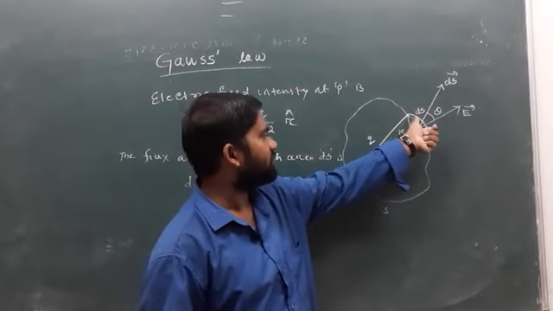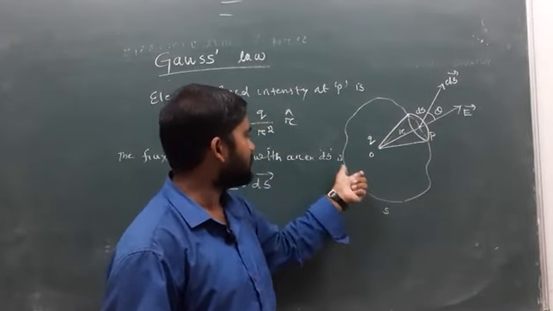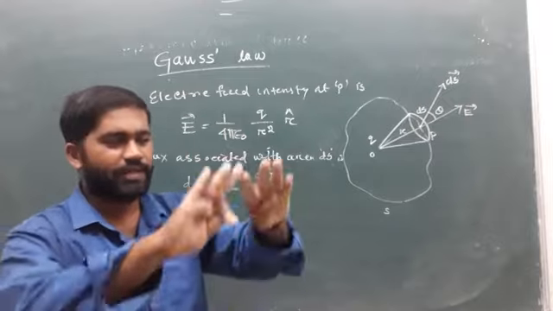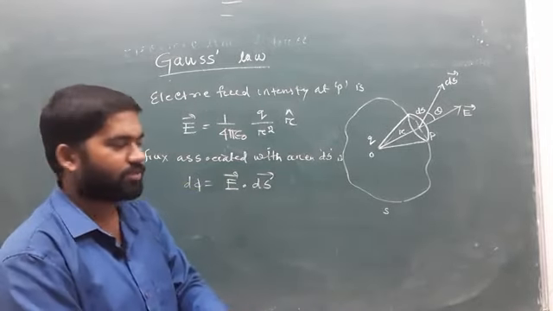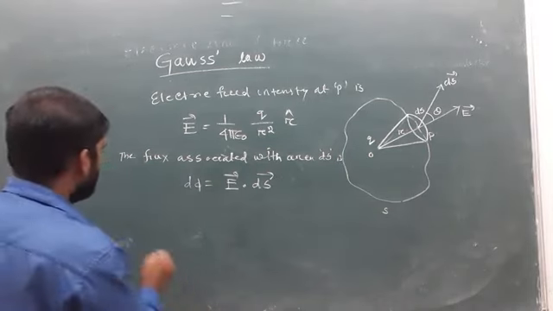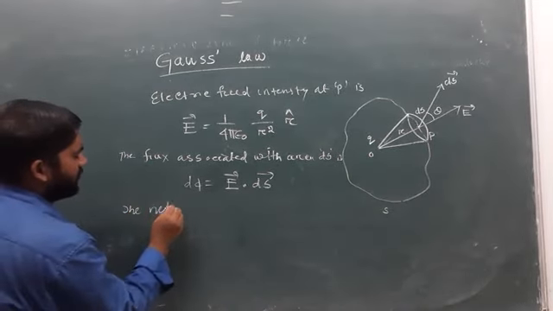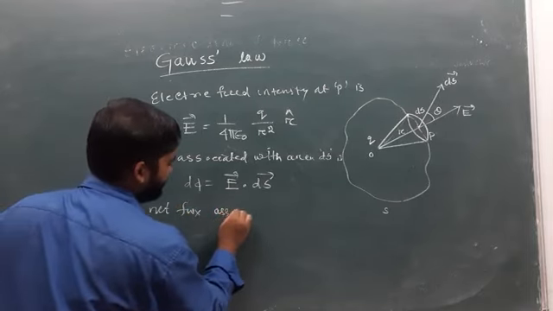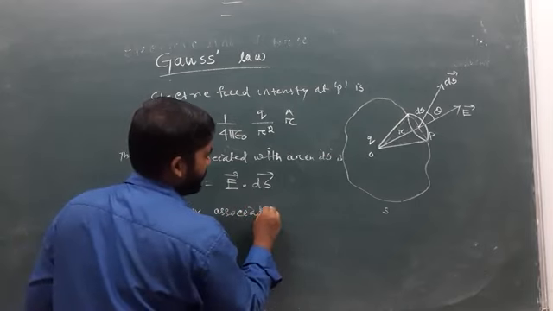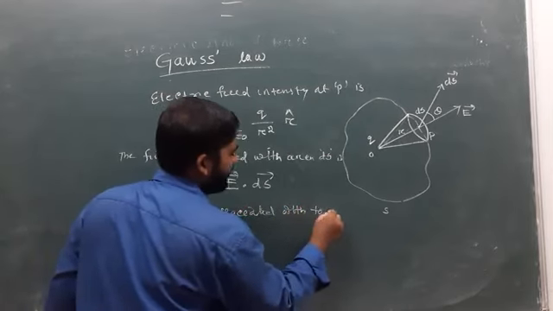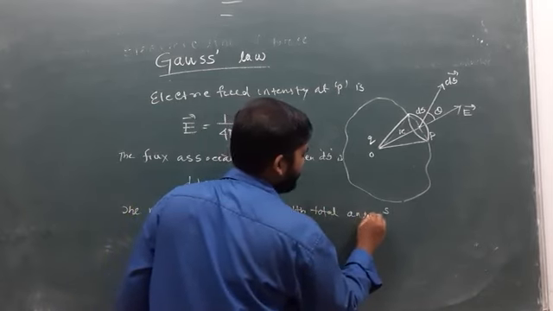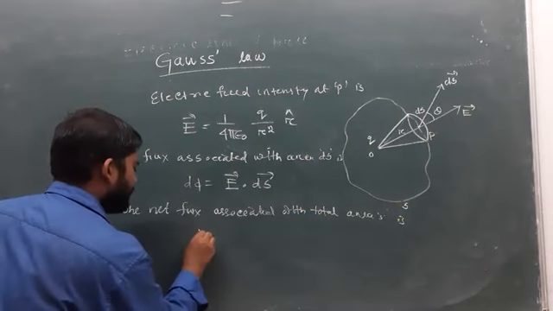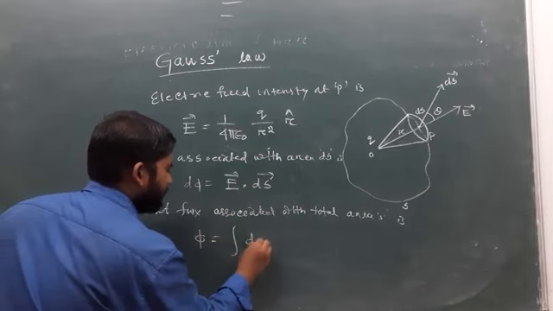If I consider a small surface ds, and a large number of such small surfaces, then in total we can add all the electric fluxes, or simply integrate. So the net flux associated with the total area S is phi equal to integration d phi.